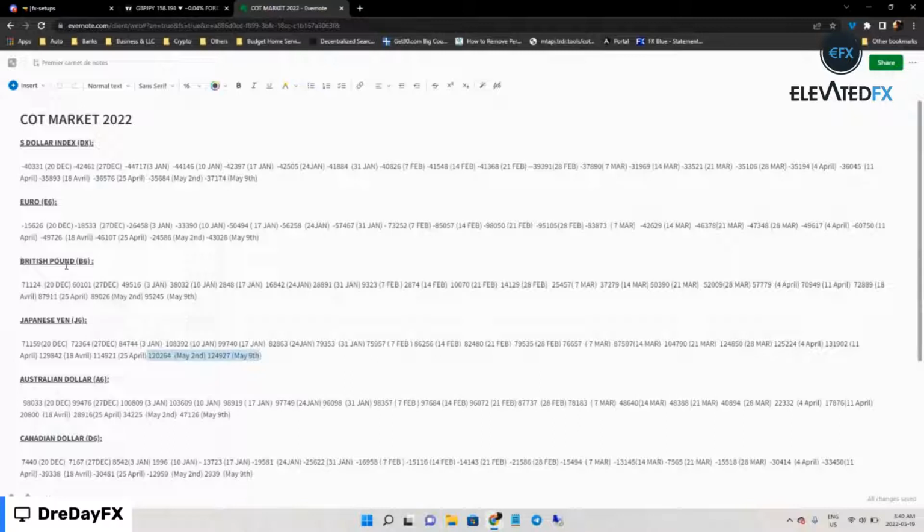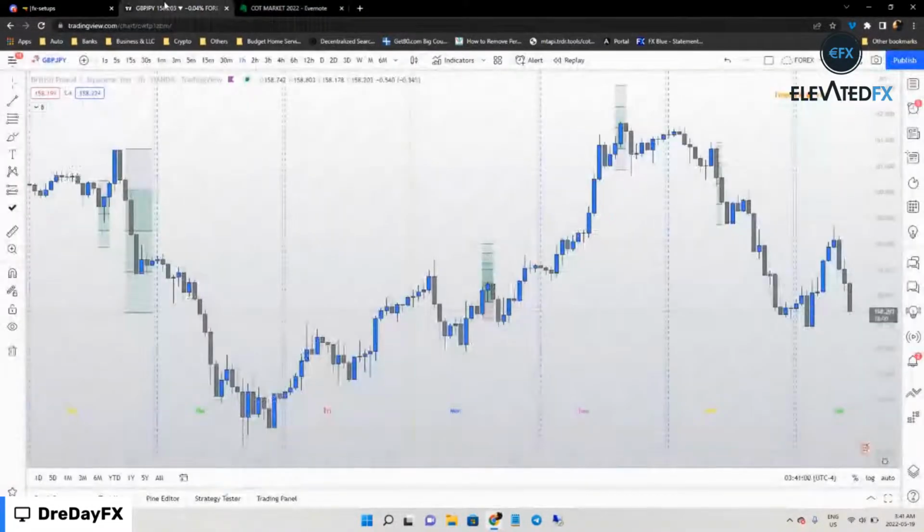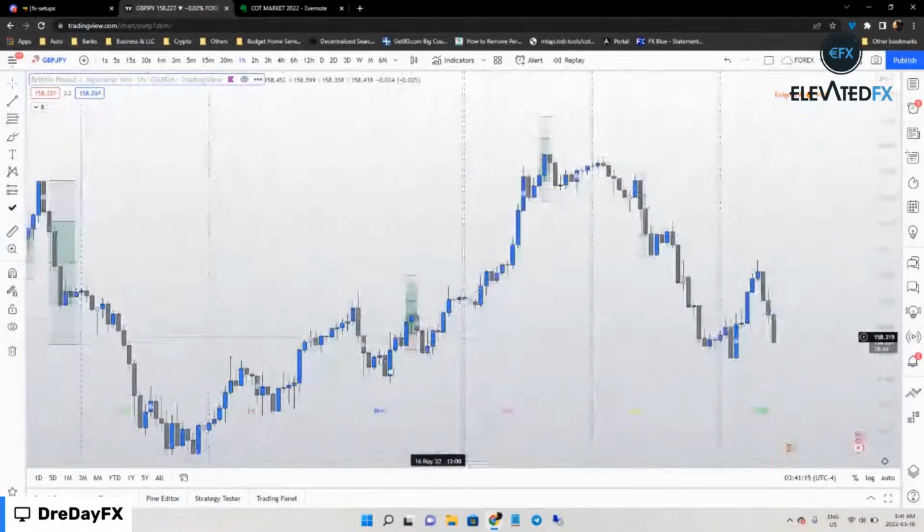So if it's GBP JPY, I would take the buy or a sell on the GBP compared to the yen. Okay, so anything that is GBP JPY, I would look at it and take the trade for the week. And as you can see, this one hit TP1 at this candle and went back down, so that's a winner.